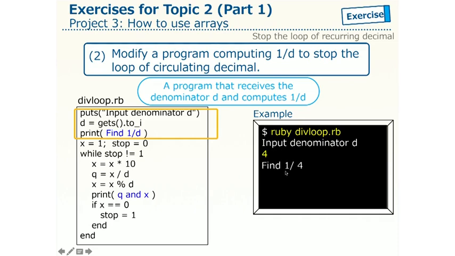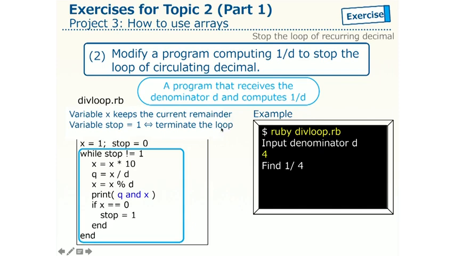Well, this is not the correct way to write the print command, but let me explain this later. And here, please assume that this message is like this is shown on the screen at this point. The main computation is done in this part. Here, there are two important variables.